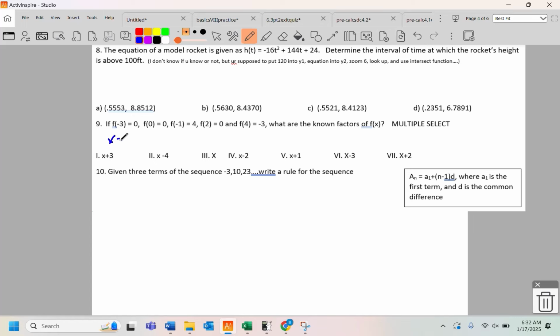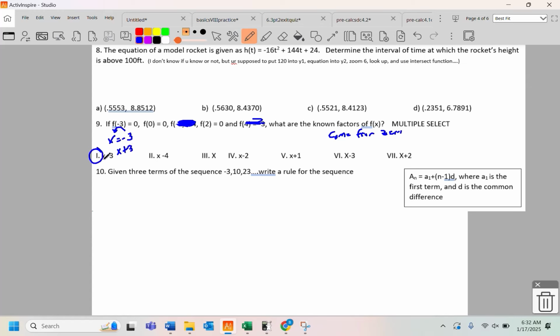For the umpteenth time, this says x is -3. By the way, known factors come from zeros. So if it's not 0, I'm throwing it away. That was a 4, that was a 3. And this says x is -3, and if I just shift that to the left, I get x plus 3.